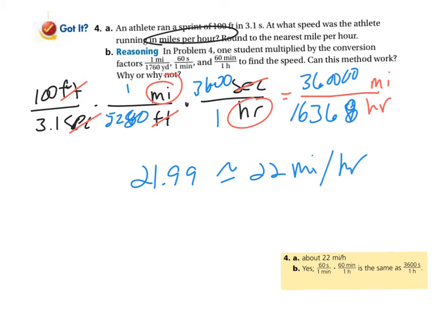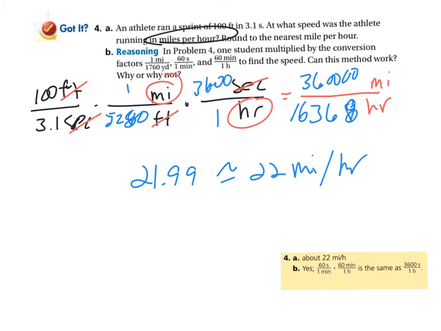And if we take a look here, it says in problem 4, one student multiplied by the conversion factors 1 mile over 1,760 yards, 60 seconds in a minute, and then 60 minutes in an hour, which is absolutely fine. But notice, I did straight seconds to hours. I could have easily broken that up. Now watch this one.